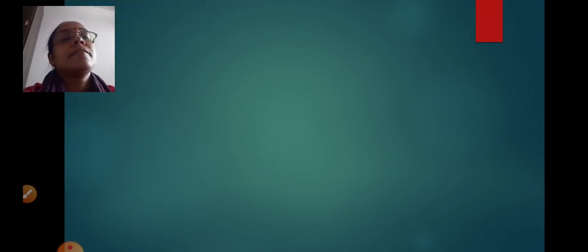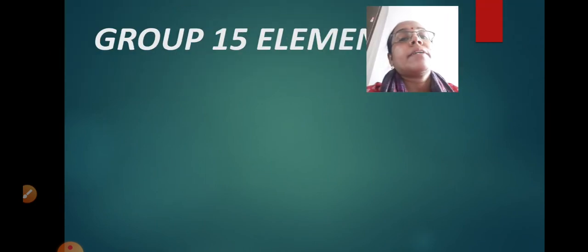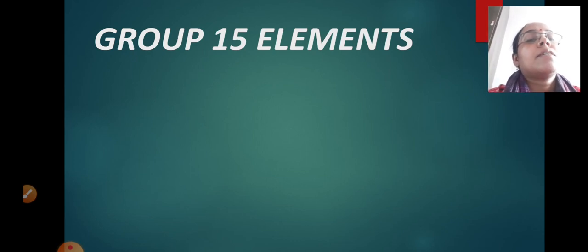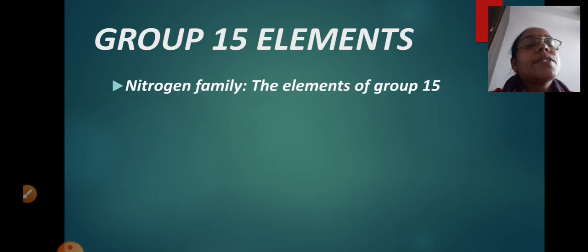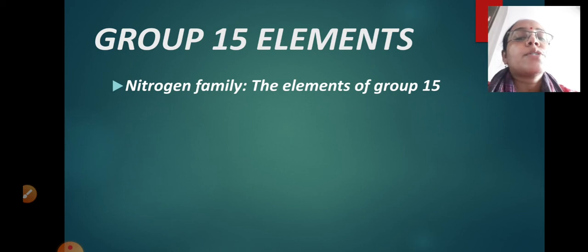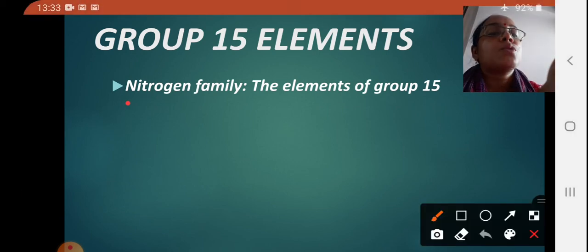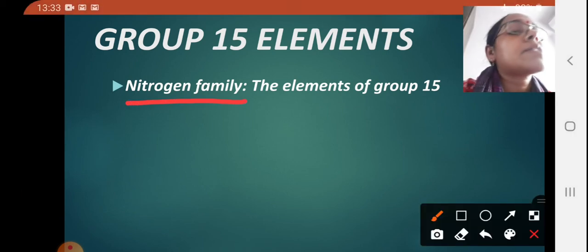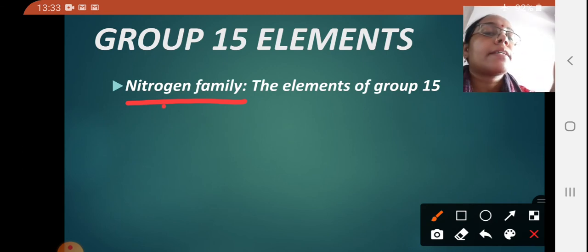You can see here I have written group 15 elements, okay, and this group 15 elements is also known as nitrogen family because its first member is what? Nitrogen. Why it is known as nitrogen family?